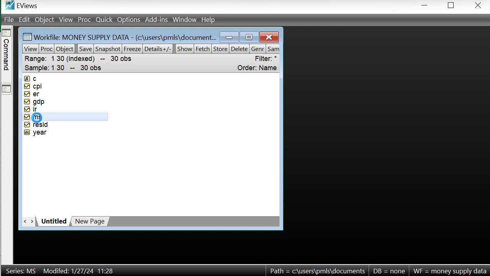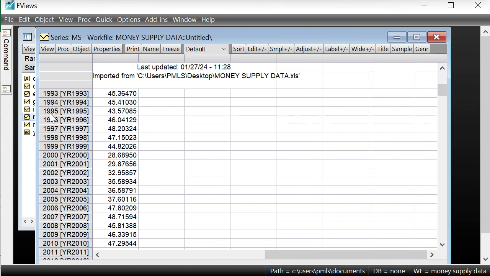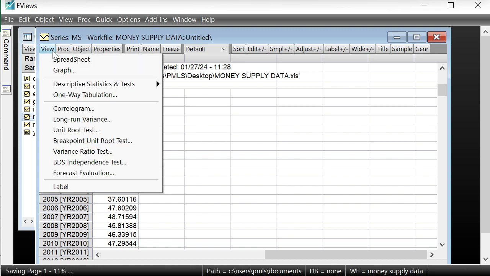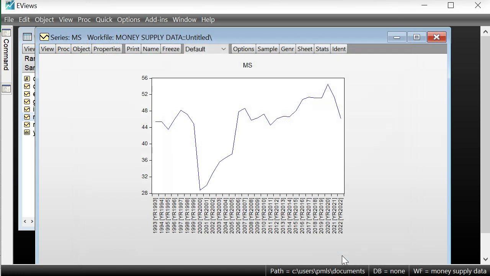First of all, we need to check whether money supply is stationary or non-stationary. In order to check, we go to the view, graph, and check it. Yes, this is non-stationary.